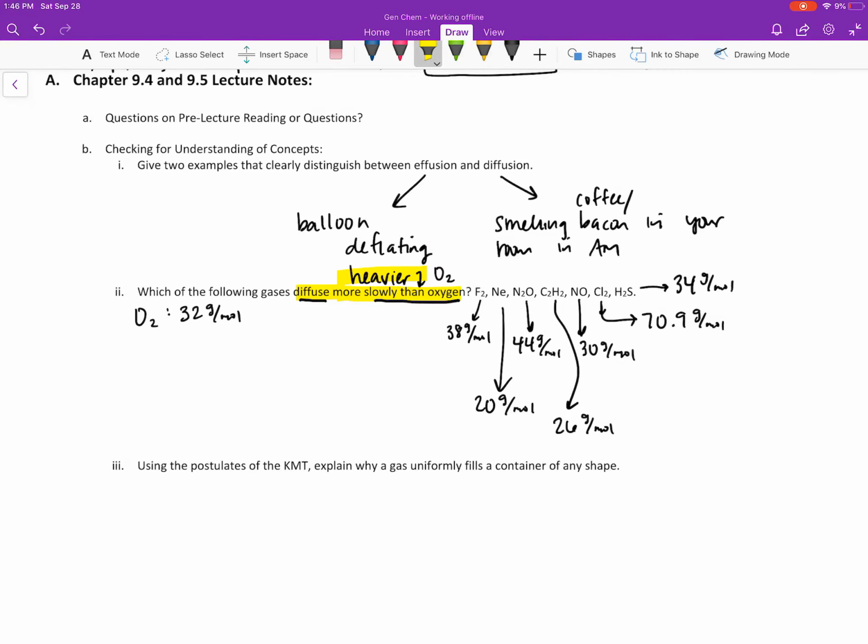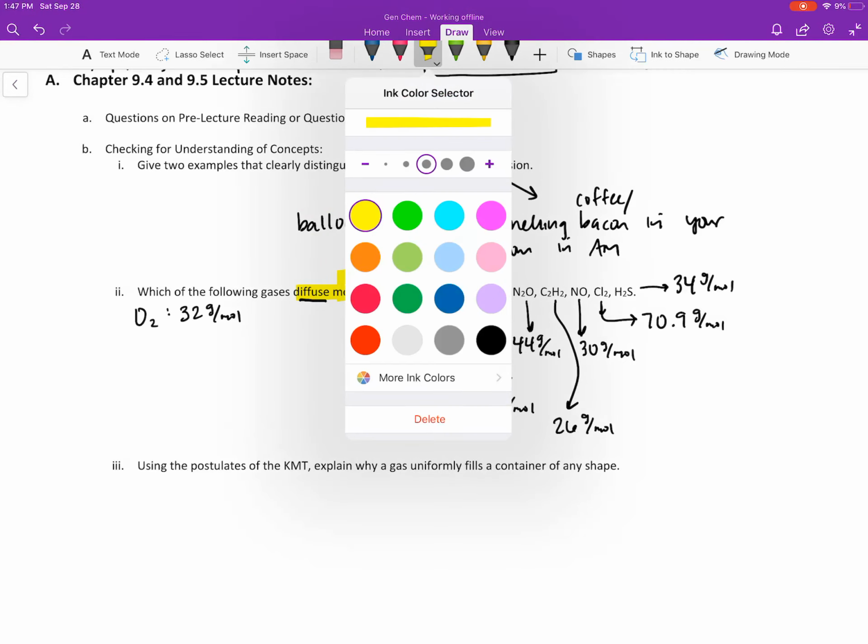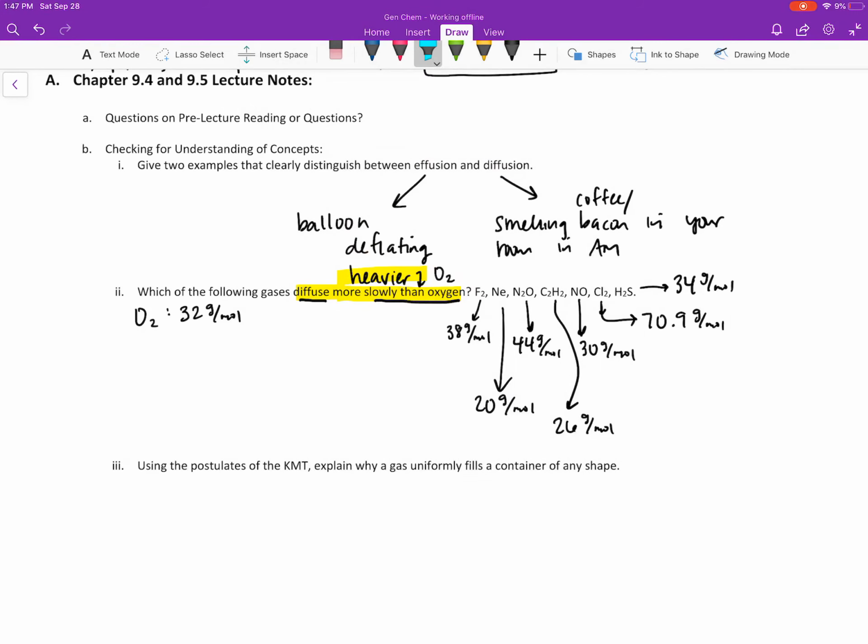So given that piece of information, I need those weights I just calculated. So F2, heavier. 20 for neon, it's not heavier. Dinitrogen monoxide is heavier than O2. C2H2 is not heavier. Nitrogen monoxide is not heavier.